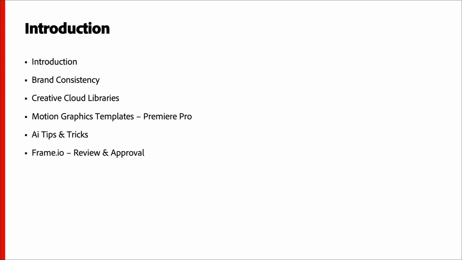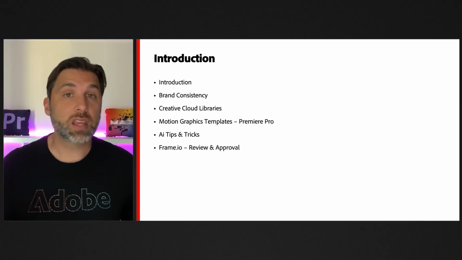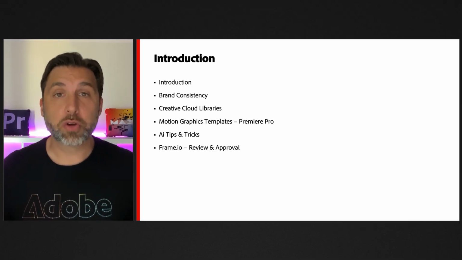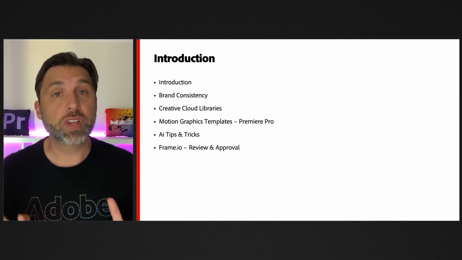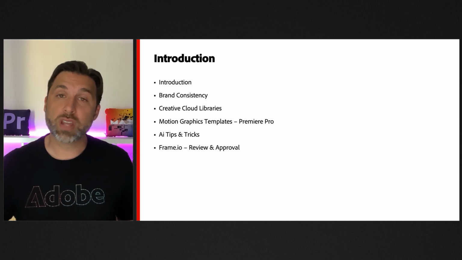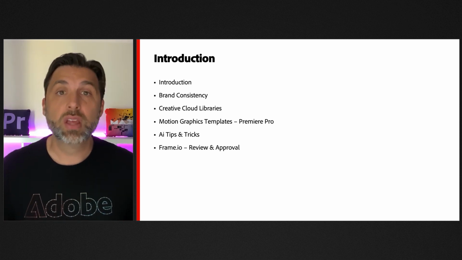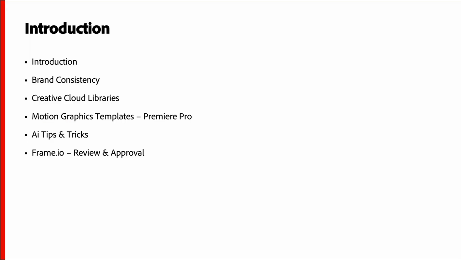I will then touch on AI tips and tricks that I have developed over time that have really helped me in progressing and producing video content inside of Premiere Pro. And then finally, we'll finish on Frame.io, which is our creative collaboration tool, particularly around video for review and approval.